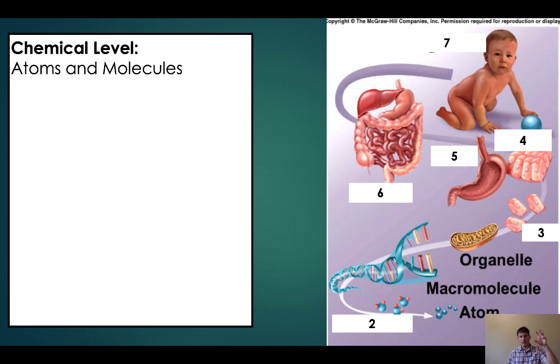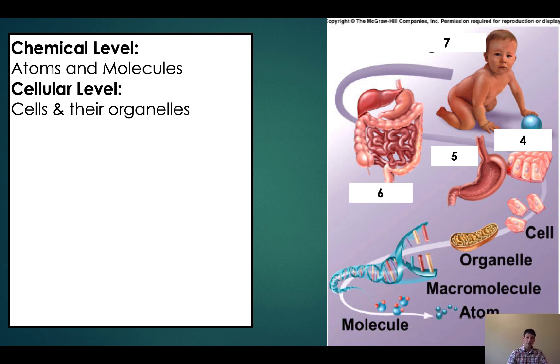So at the very basic level, we have 1 and 2, atoms and molecules. So this would be considered our chemical level. Our next highest level up would be cells and organelles, as you can see right over here. So this first unit will be focusing on the cellular and the organelle level, as well as some of the molecular and atomic level.